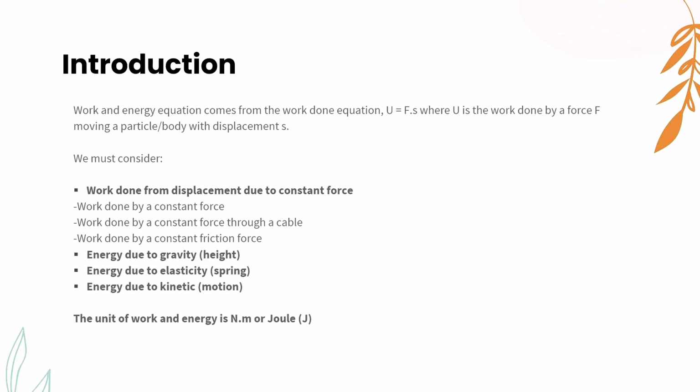In this chapter, we must consider work done from displacement due to constant force. The subtopic is work done by a constant force, that is U equal to F times displacement.